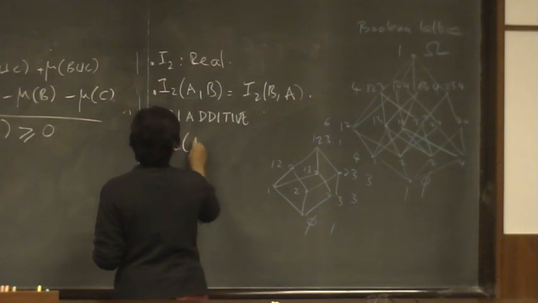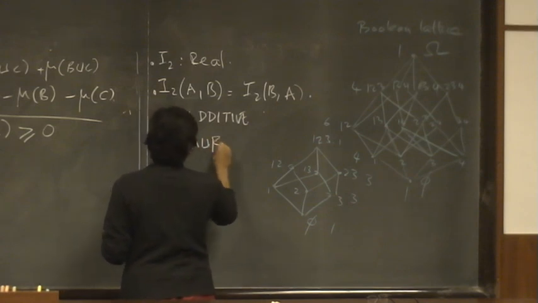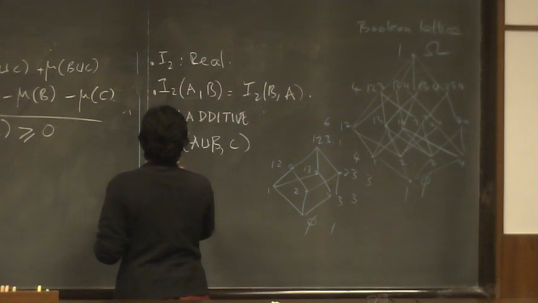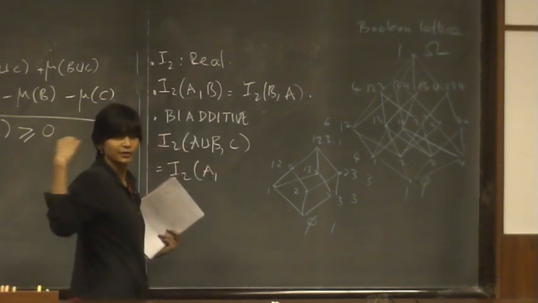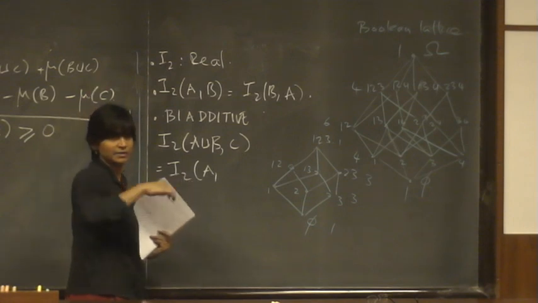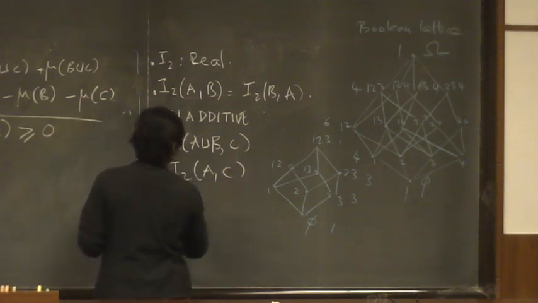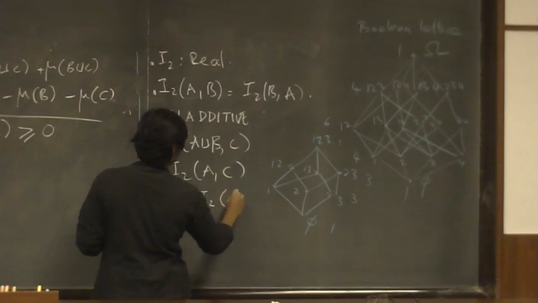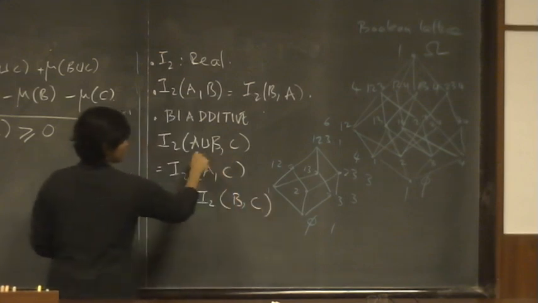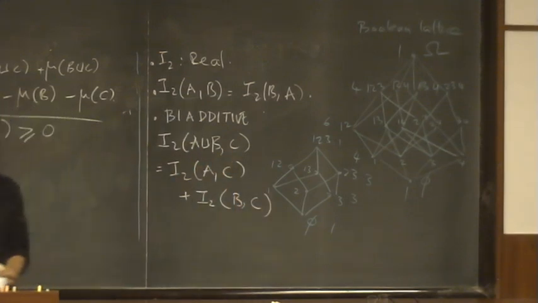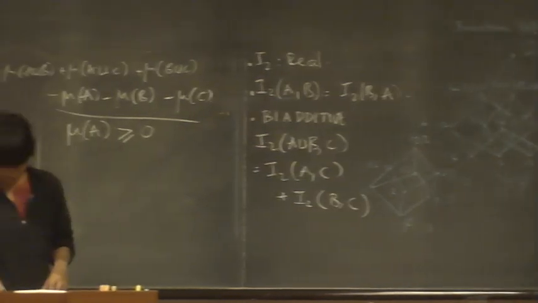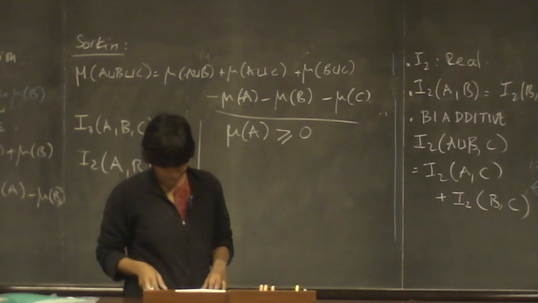This is algebra that will just take me a little time, but it's very easy to follow. By the way, I'll put up the references right at the end on a slide, so if anyone wants to pursue these. So it's bi-additive on both of these.